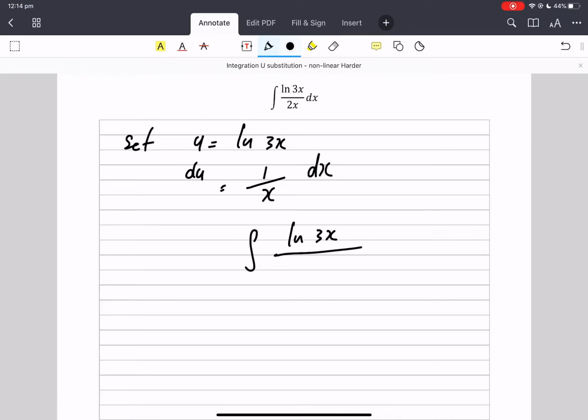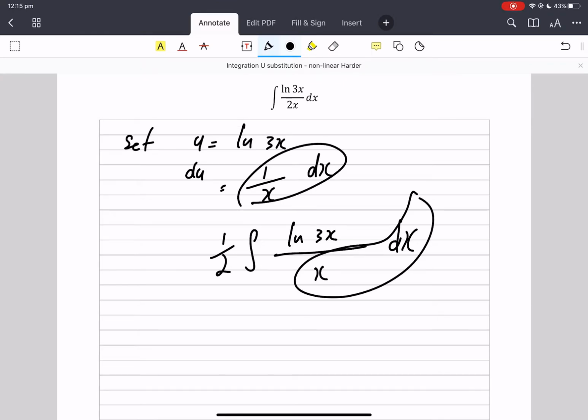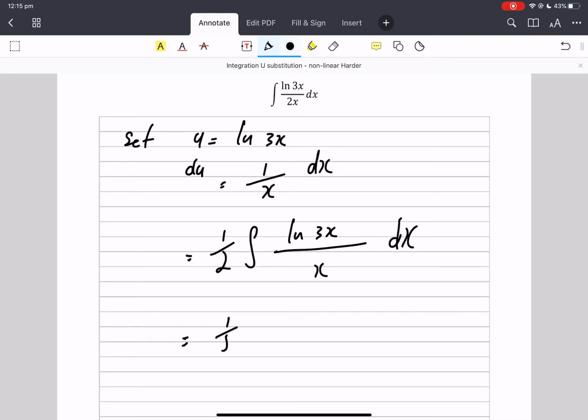Natural log of 3x on 2x dx. And this time we need to get rid of the 2, so I'm going to just take it out the front so that we're left with that. We've set the whole of natural log of x to u, so that's going to be u, and 1 on x dx is du.